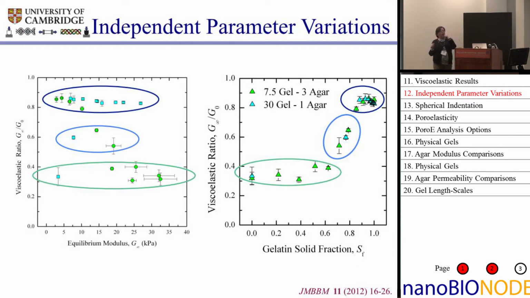And so on the left here, we've plotted equilibrium modulus versus this viscoelastic ratio. And so we have three regimes of behavior. We basically have agar-like, intermediate, and gelatin-like in the viscoelastic behavior across this same range of equilibrium modulus. And on the right, what we actually found is that if we calculated the total solid fraction of the gelatin, then all the data fell onto the same curve.